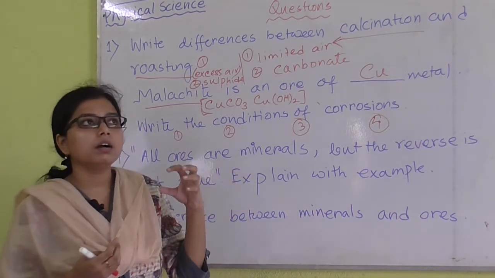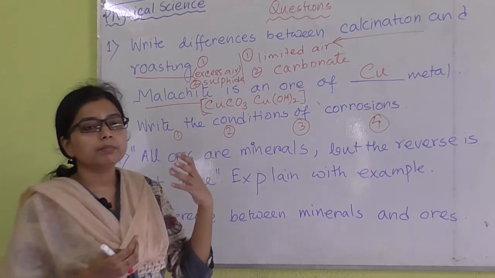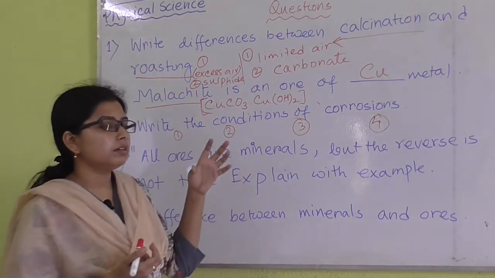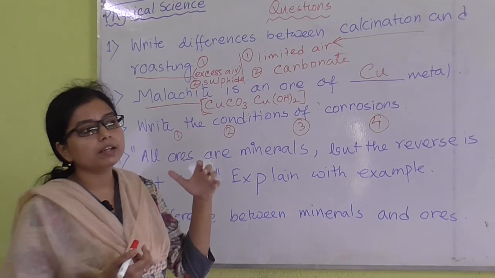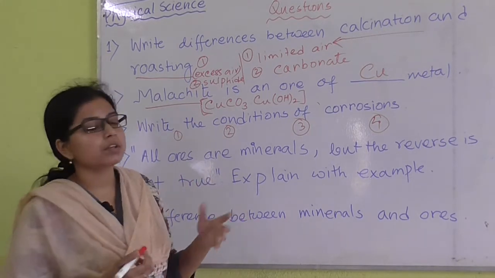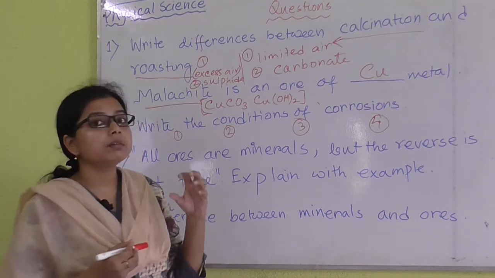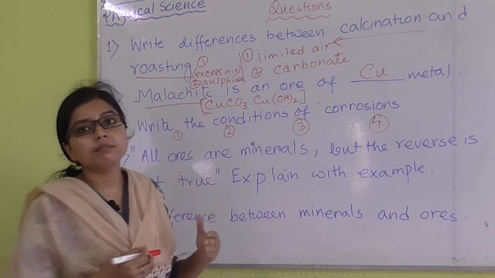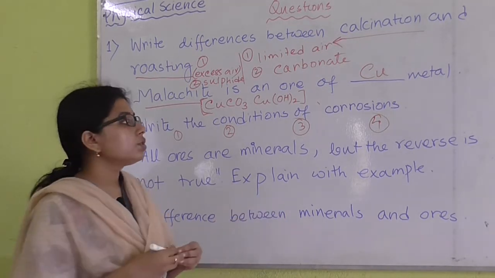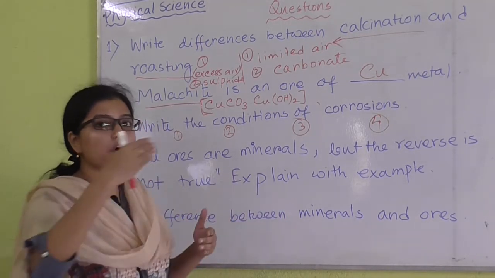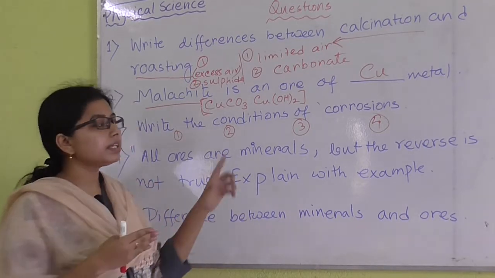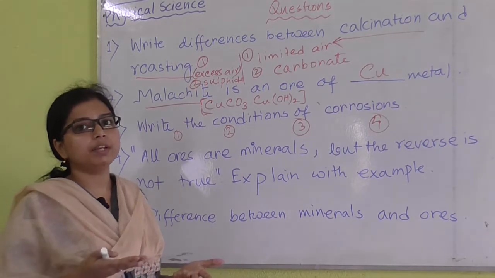Okay, in a very low cost process it should be, and obviously low effort should be applied in the extraction process, and also the ore should be available in nature in a vast amount. So if it maintains all these points, then we can say it is an ore, but otherwise it will remain as one of the minerals of that metal.